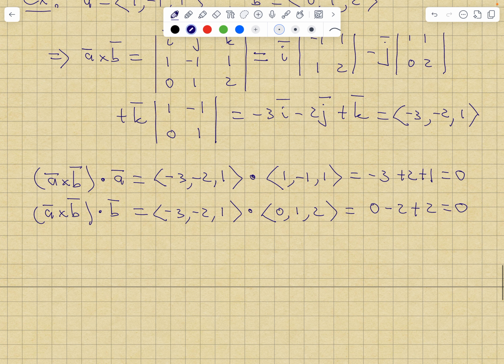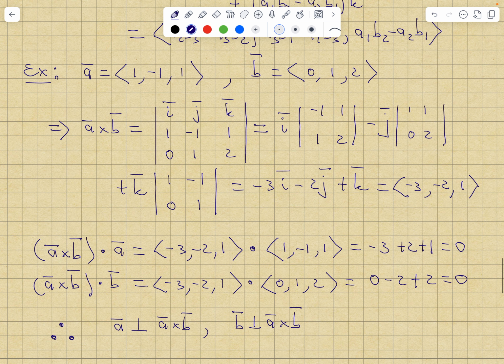So what is the conclusion from this computation? In this case, because the dot product is 0, we discussed last time that means that A and A cross B are perpendicular. And the dot product of B with A cross B is also 0, so that also means that B is perpendicular to A cross B. And we'll see next time that actually this is always true.